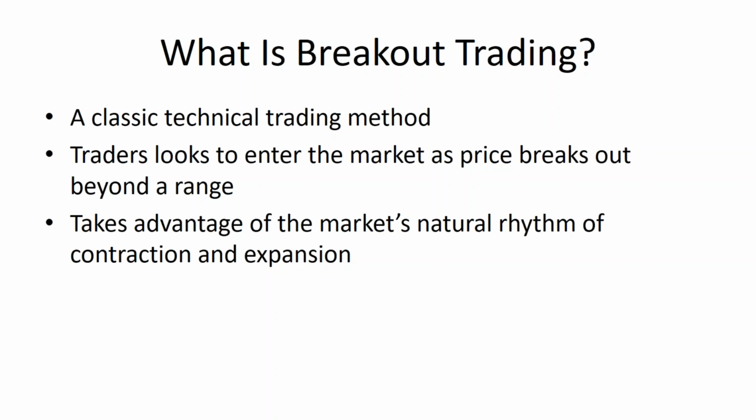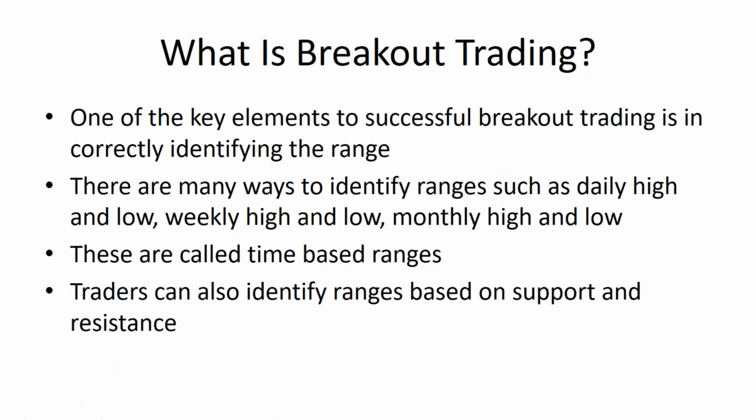Now, one of the key elements to successful breakout trading is how you identify the range, because correctly identifying the range will put you at an advantage above other traders who are identifying the range incorrectly. Some of the classic ways to identify ranges are simply based on identifying highs and lows over certain time periods.